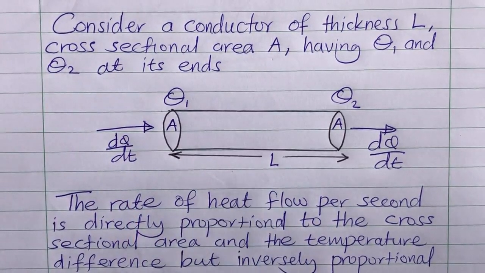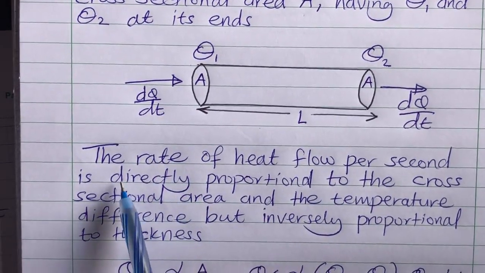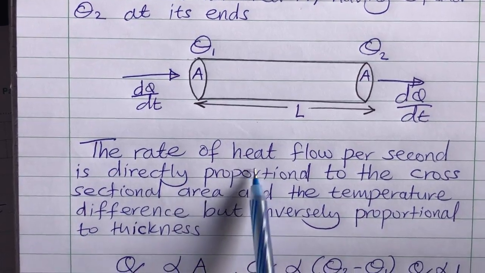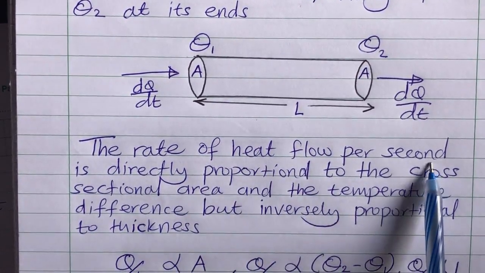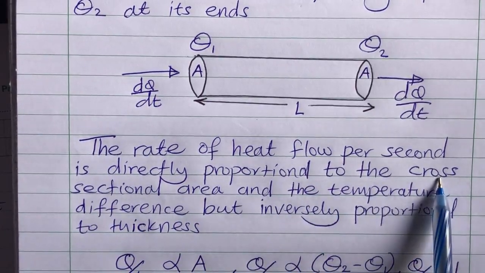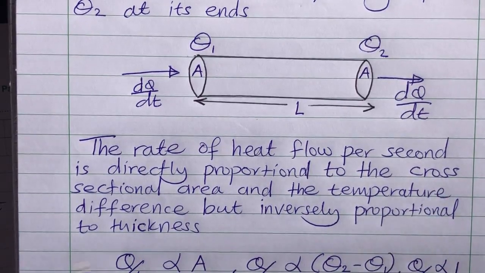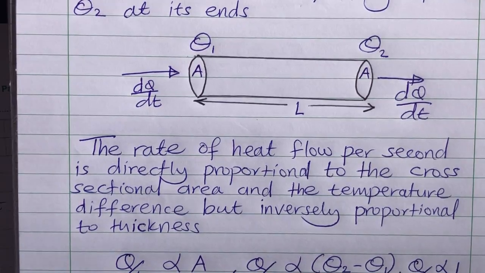And that will be our conductor. So the rate of heat flow per second is directly proportional to the cross-sectional area, meaning that as we increase the cross-sectional area of the material, the rate at which heat flows through that material increases.